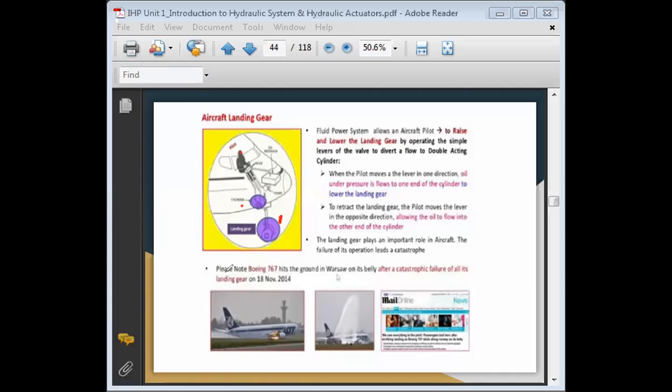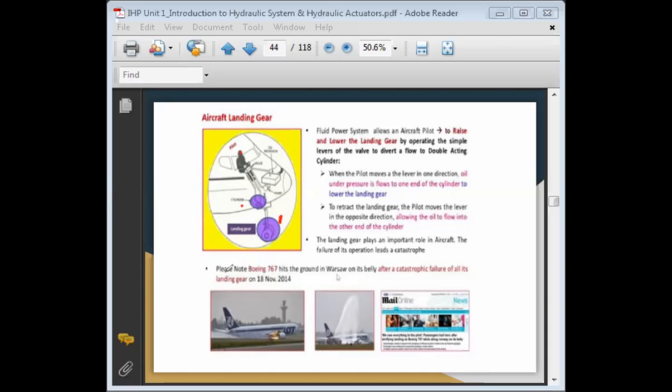So here I want to clear one thing: don't think that hydraulic systems are 100% safe. Failure may occur. So the operation of all the components is very essential in a hydraulic or fluid power system.